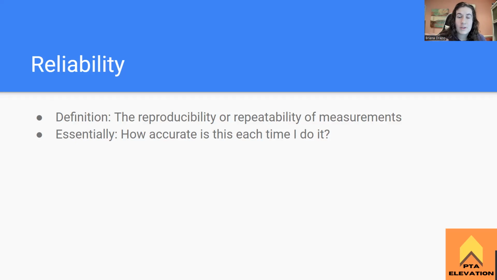With goni measurements, how accurate is it that I'm going to get 120 degrees on somebody who's post-surgical, and that I can go back again and measure 120 again? That's essentially what reliability is: can I do the same measurement at different times and get the same results? And I pretty much can.